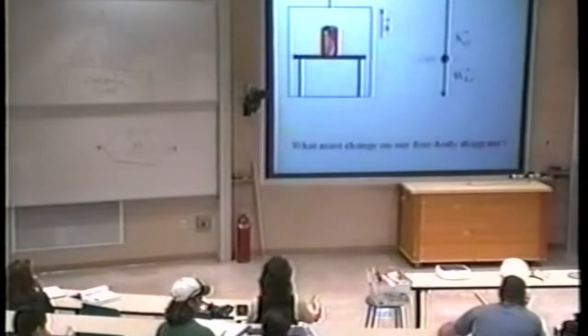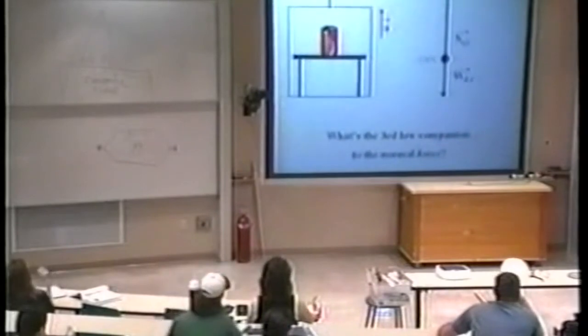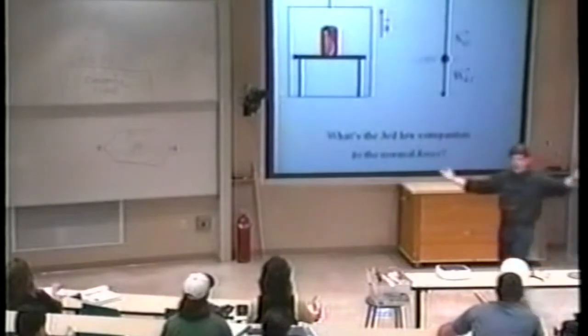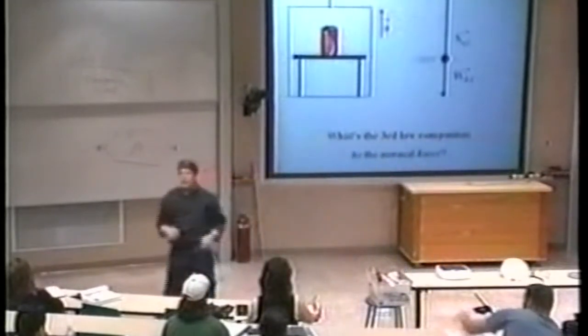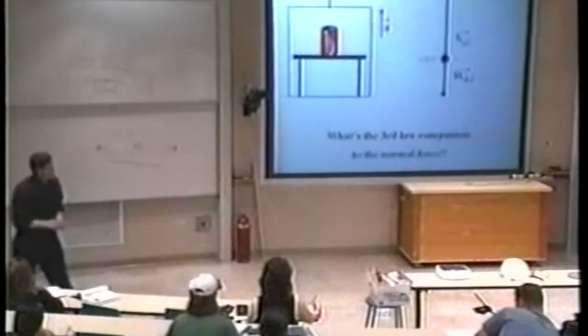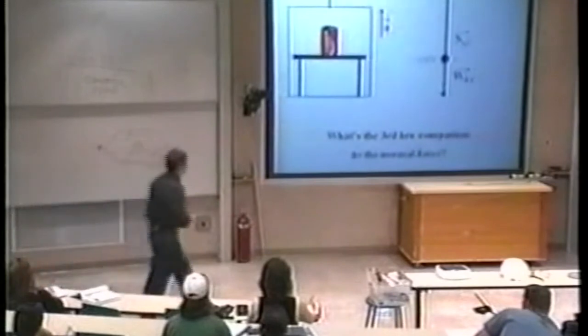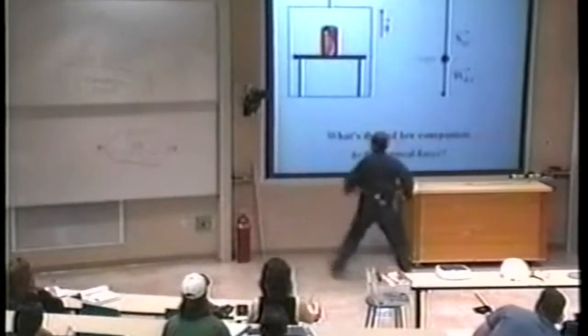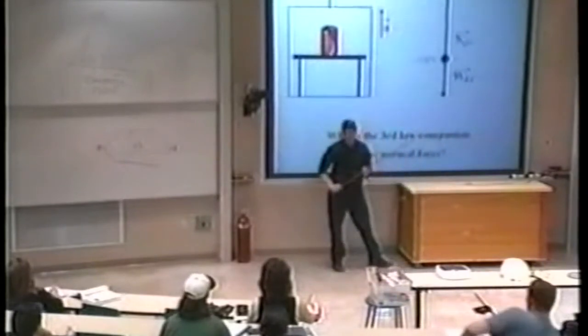Okay, now the question I would ask is, what's the third law companion? Newton said that for every force there's a companion force, equal and opposite. What is that third law companion force for the normal force, the table on the can? The normal force of the can. Yes, okay. I find it by first of all noting that if this is a normal force, the companion force has to be a normal force.